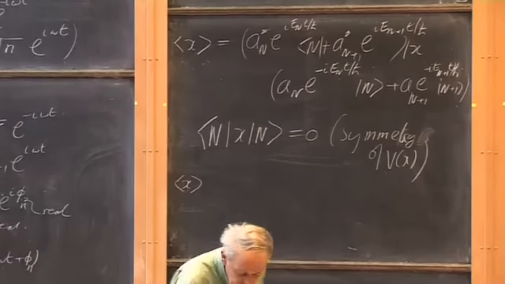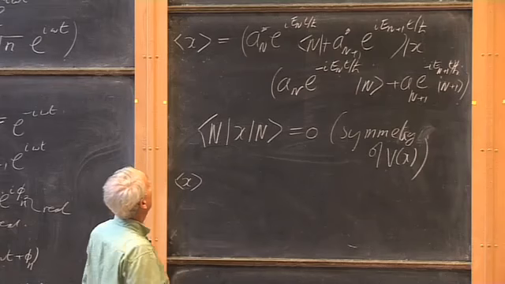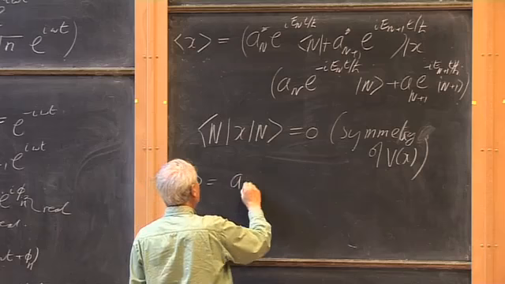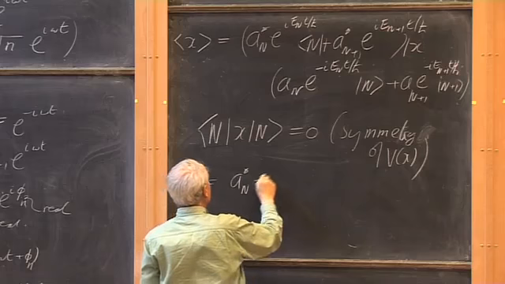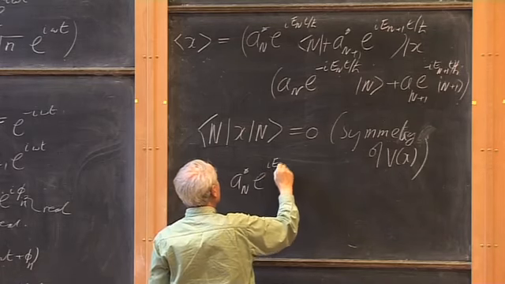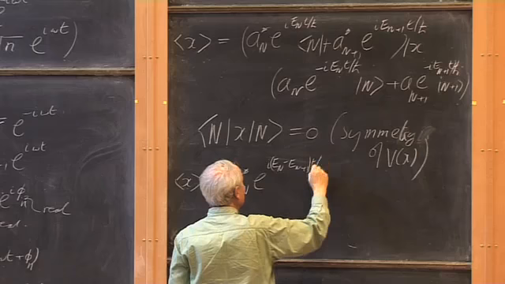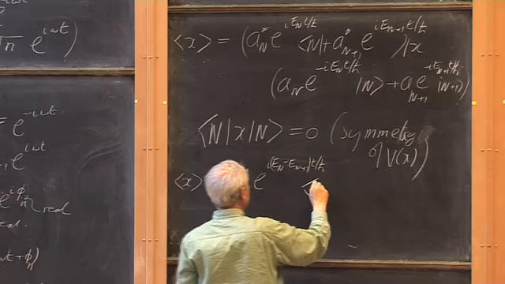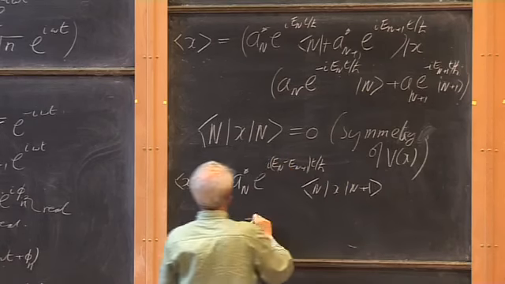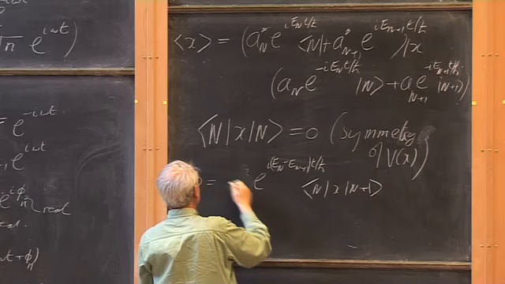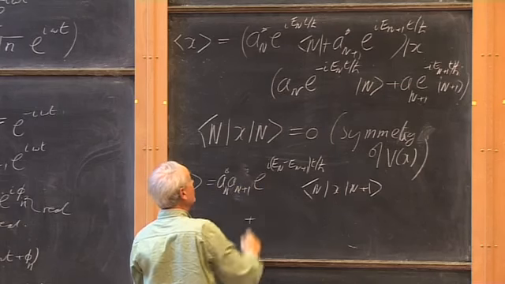quite generally, my expectation value here is going to be a_n star. So it's going to be this on this, e to the i (E_n minus E_{n+1}) t on h bar times the matrix element x_{n,n+1}, plus, excuse me, and I'm needing here some a_n star a_{n+1}, right?